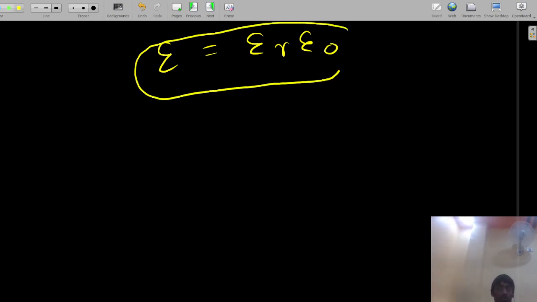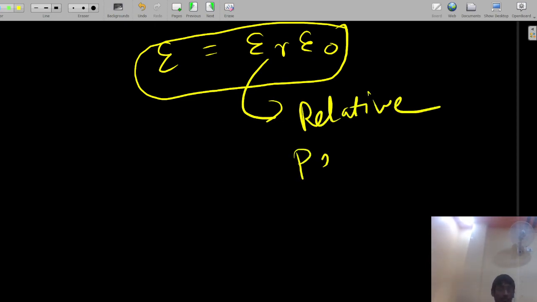That is one important formula, where epsilon r is the relative permittivity, epsilon is the permittivity of the medium in which we are keeping the charges, and epsilon naught is the permittivity of free space.